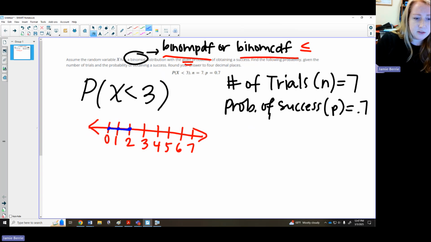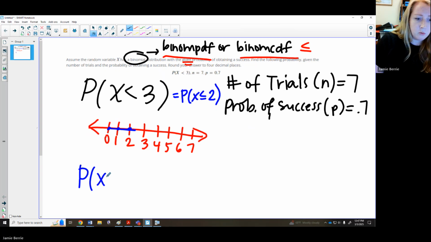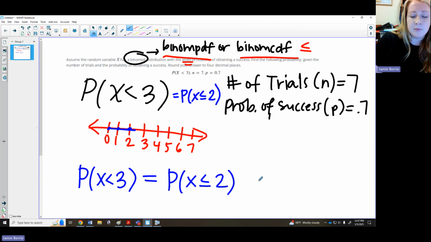So less than 3 is the same thing as saying less than or equal to 2 when you're working with a discrete random variable like the binomial distribution. We're not allowed to do less than problems. They have to be in the form of less than or equal to. So we changed that to less than or equal to 2.